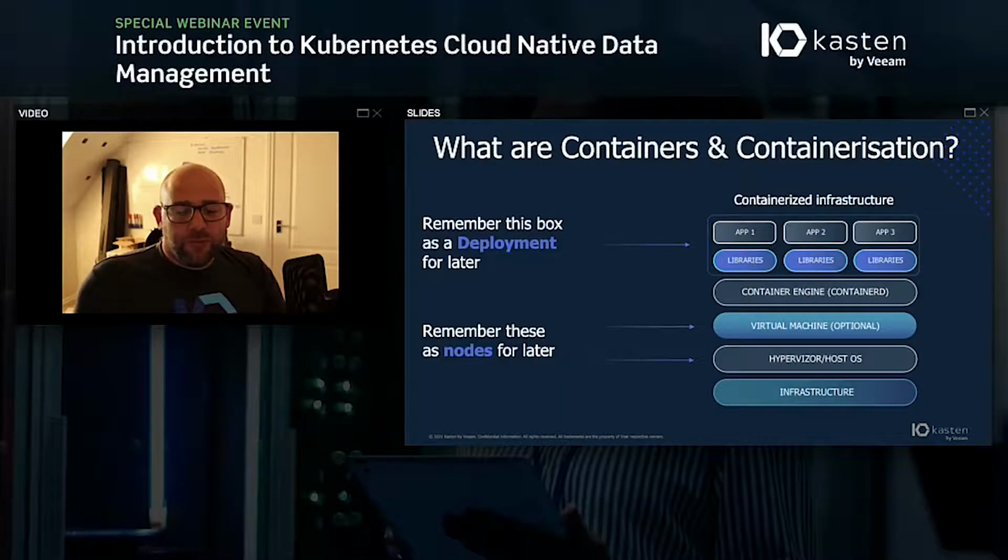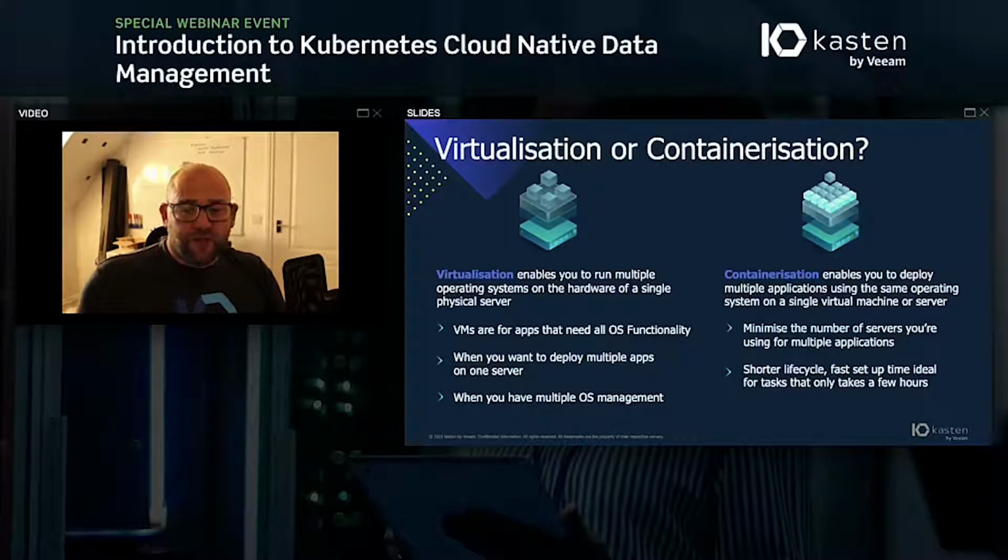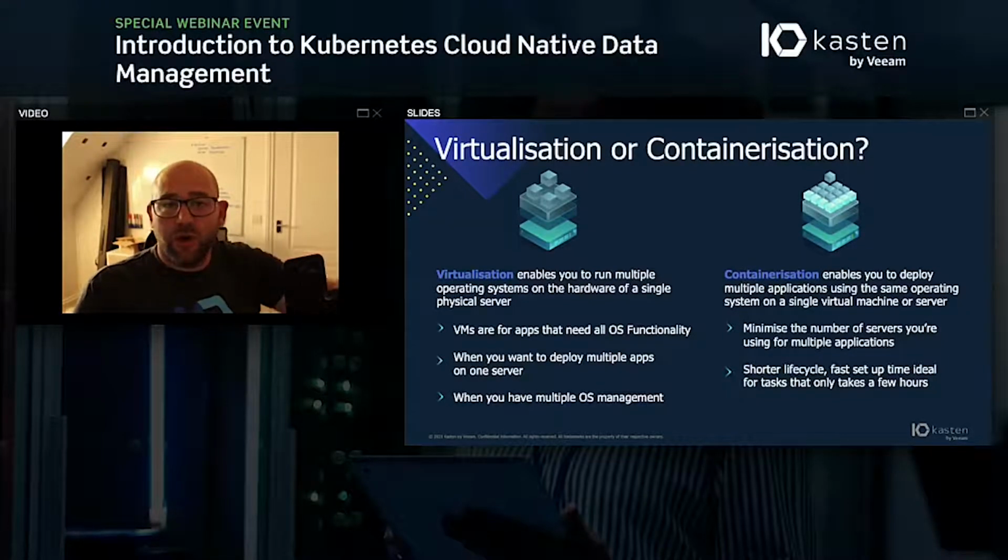So there's a few benefits to obviously both. Virtualization enables you to run multiple operating systems on whatever physical server you want to host those on. And VMs are for the apps that need all the operating systems. So if you need something that has to have all of the binaries within the operating system, great. Virtualization is the way to go.